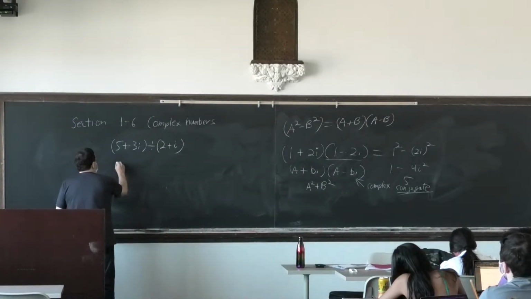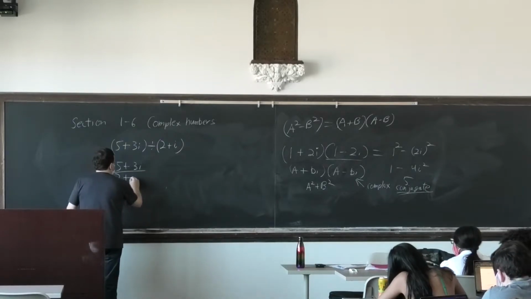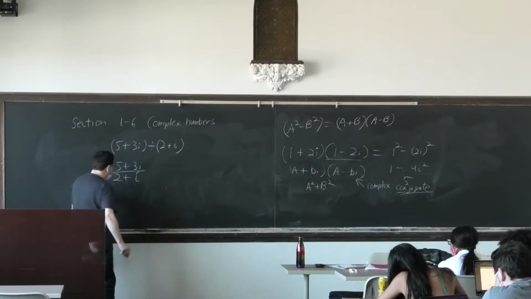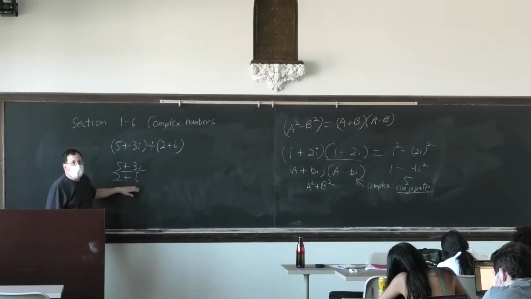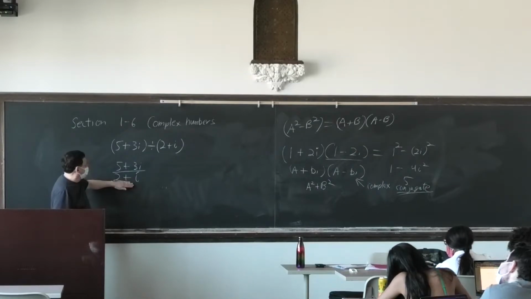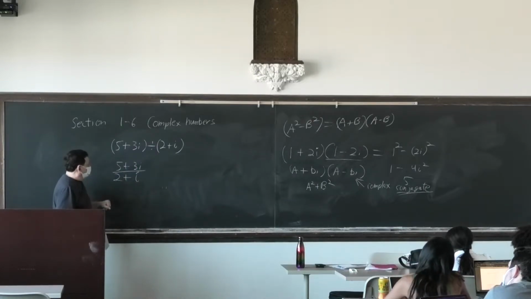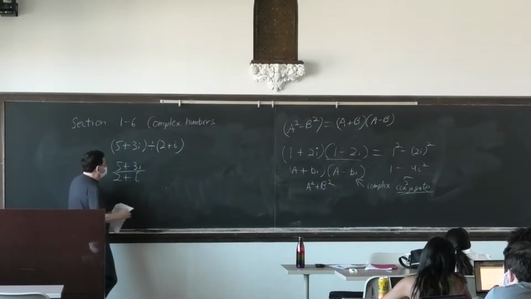Let's write this as 5 plus 3i over 2 plus i. Let's think about this. If only the denominator were a real number, we know how to deal with fractions, right? If this was like, say, 5, for example, we'd have 5 over 5, that's 1, 3/5 i. So that would be useful. How are we going to get there?